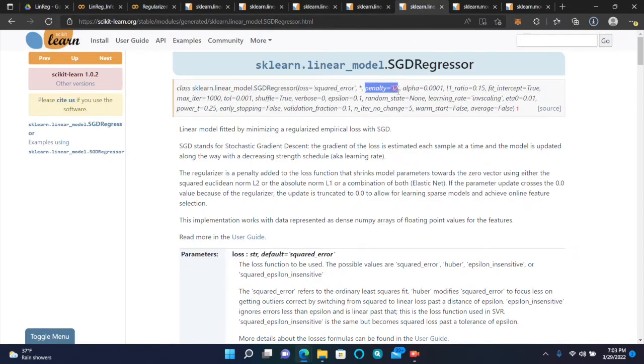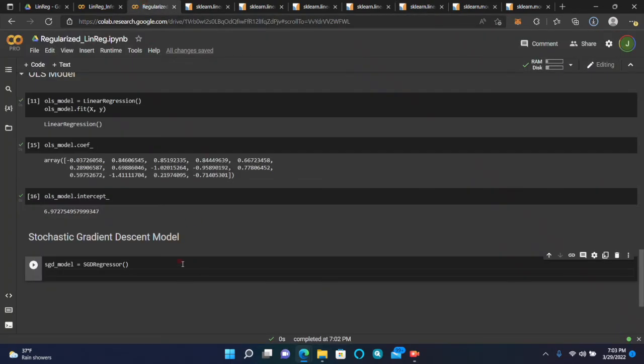You can add an L2 or L1 penalty. L2 is a squared Euclidean norm, which is the ridge penalty, and absolute norm is L1, or you can use a combination of the two, but we're just going to leave everything the way it is, okay? Standard, completely black box, out of the box SGD regressor.